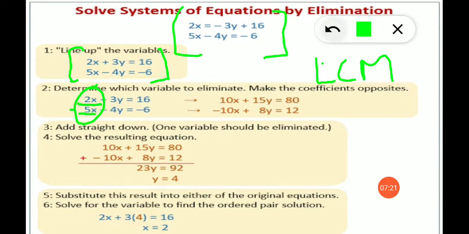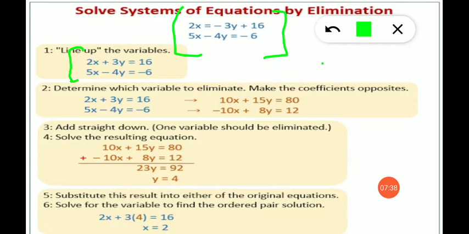But here, since 2 and 5 are co-prime numbers, we know that their LCM will be their multiplication, that is 2 into 5 is 10.